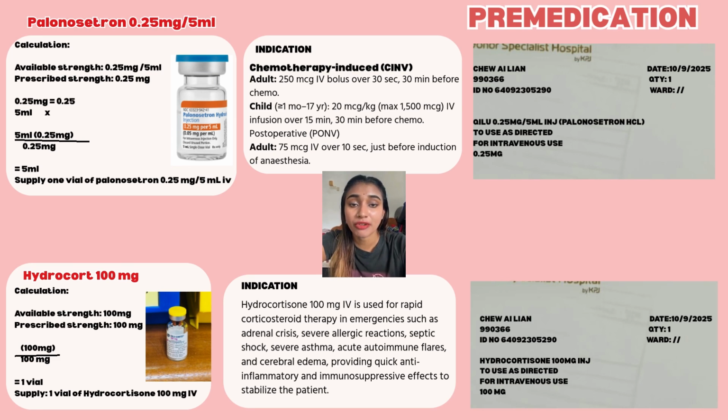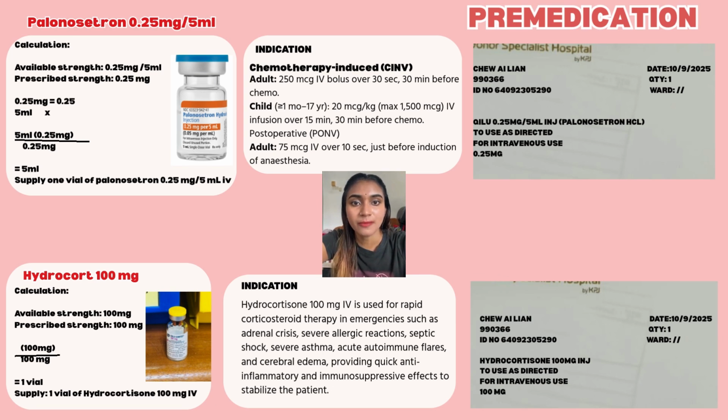The indication of hydrocortisone 100 mg IV is for rapid corticosteroid therapy in emergencies such as adrenal crisis, severe allergic reaction, septic shock, severe asthma, acute autoimmune flares, and cerebral edema, providing quick anti-inflammatory and immunosuppressive effect to stabilize the patient.